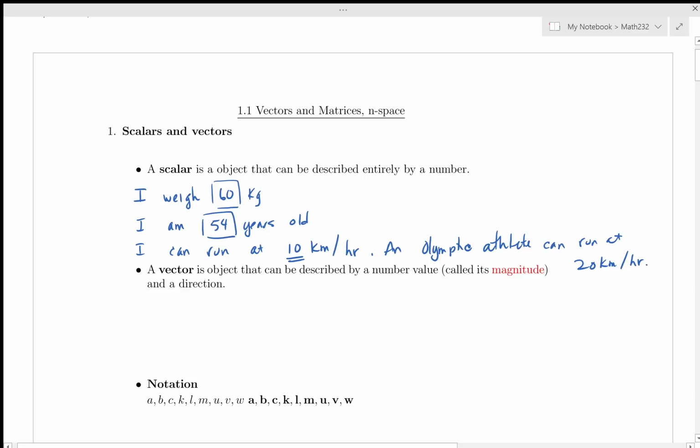But the point is we have a number, and that number completely describes the situation. That is what we call a scalar. It doesn't have any direction associated with it.